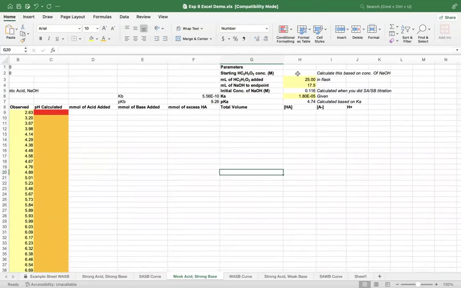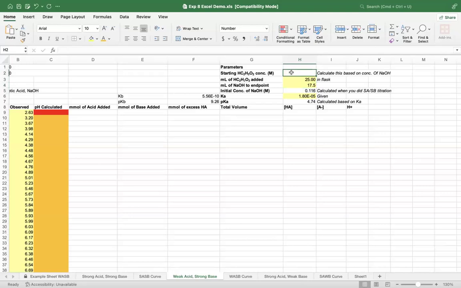Oh, we need the concentration of acetic acid. So that's just the moles of acetic acid present divided by the volume of acetic acid present, right? Which is 25. We said the endpoint happened when this concentration of base and this volume of base were used. So we can multiply those together to get moles. Those moles should be the moles of acetic acid that were present, and then we'll divide by this volume.